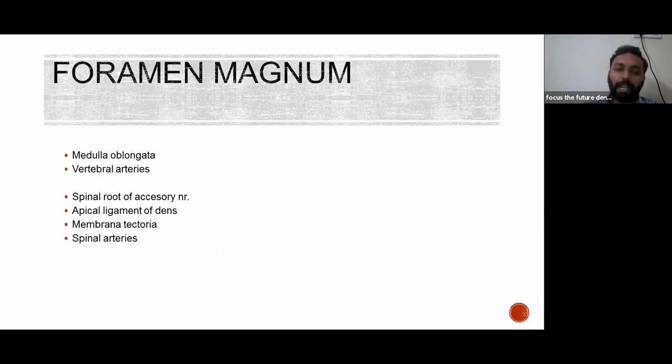Then there is a ligament around the dens of the cervical vertebra. Then there is a membrane called membrana tectora, and there are certain spinal arteries. So I remember it as MV SAM. M for medulla, V for vertebral arteries, S for spinal root of accessory nerve, A for apical ligament of dens, M for membrana tectora, and spinal arteries.